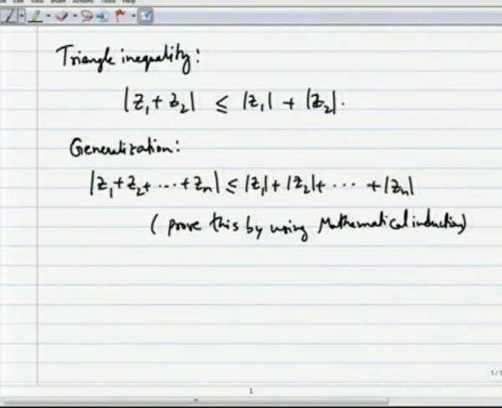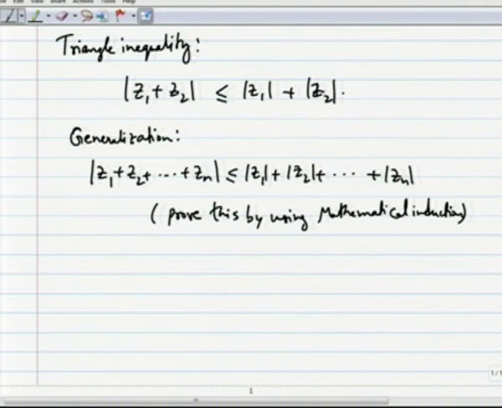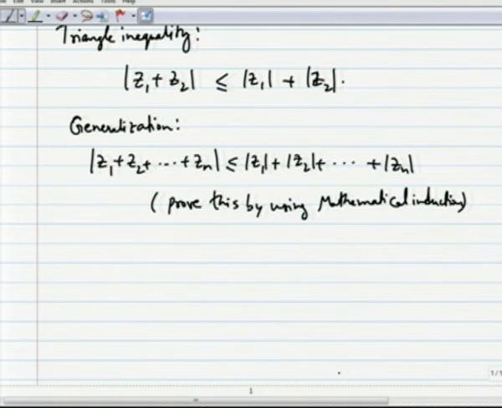Okay. And it is convenient to record one other form of triangle inequality. It is as follows.